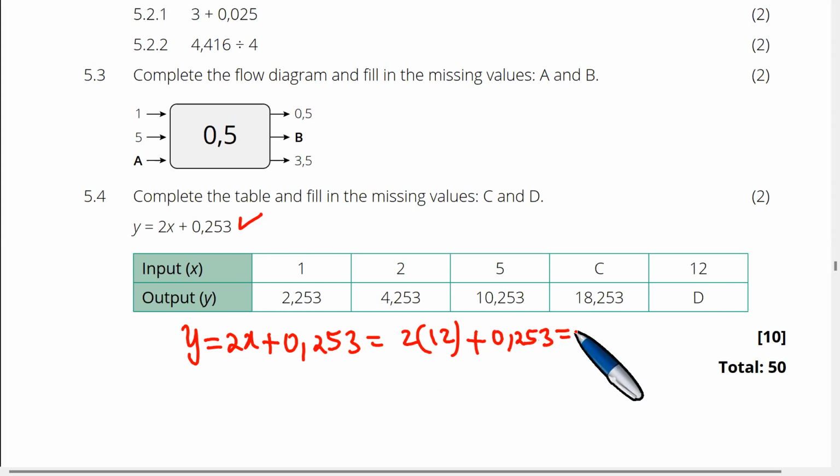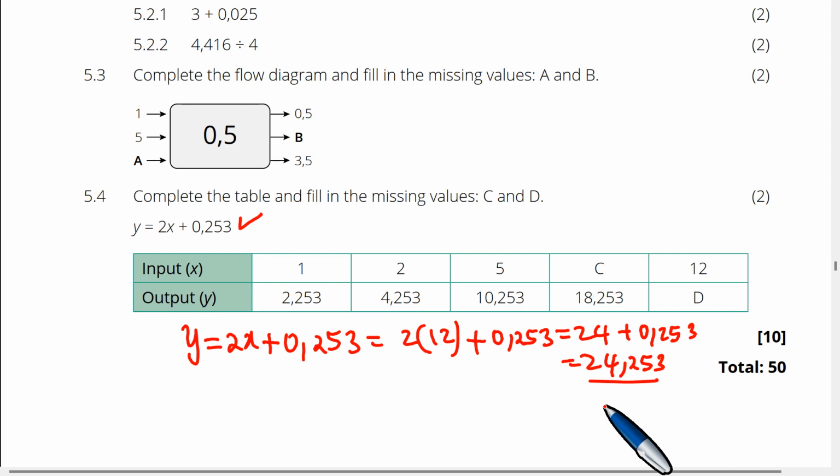What is 2 times 12? It's 24. Plus 0,253. What is 24 plus 0,253? It's 24,253. So that is the answer.